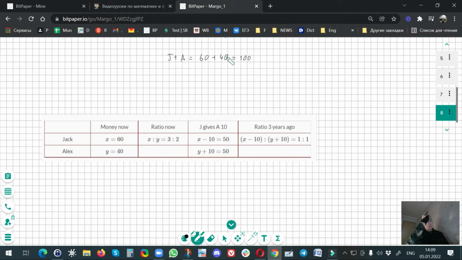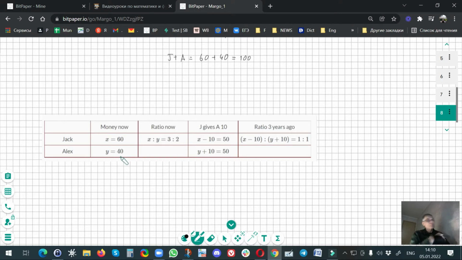But when I'm creating another problem, I'll start with 100, then I'll find the distribution which suits me, like 60-40, and then I'll change it somehow. So what happens here? Jack has 60 pounds or dollars or whatever, euros, and Alex has 40.